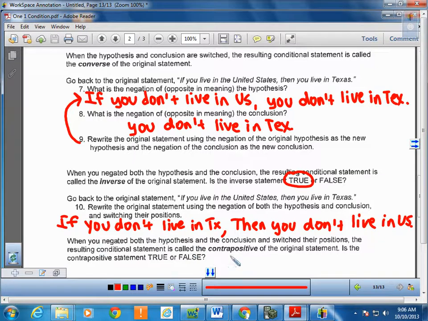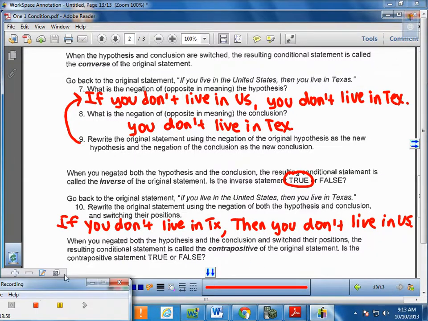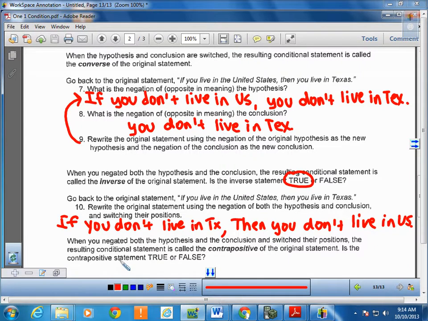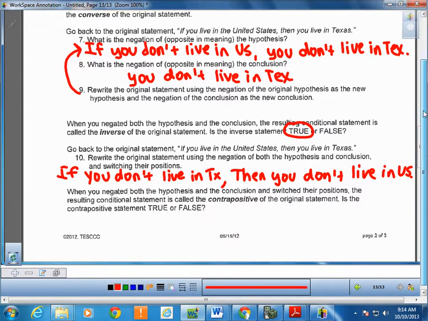Is the contrapositive statement true or false? All right, so your contrapositive will be true.